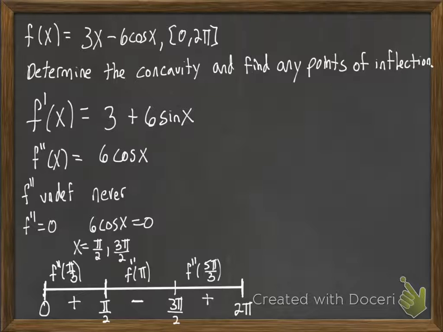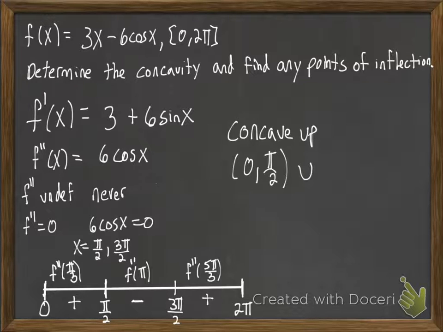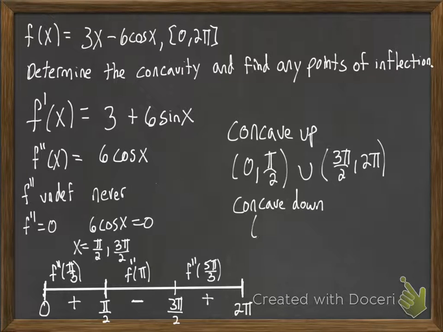So we can say that the graph is concave up on the interval 0 to pi over 2, and also on the interval 3 pi over 2 to 2 pi, and it's concave down on the interval pi over 2 to 3 pi over 2.